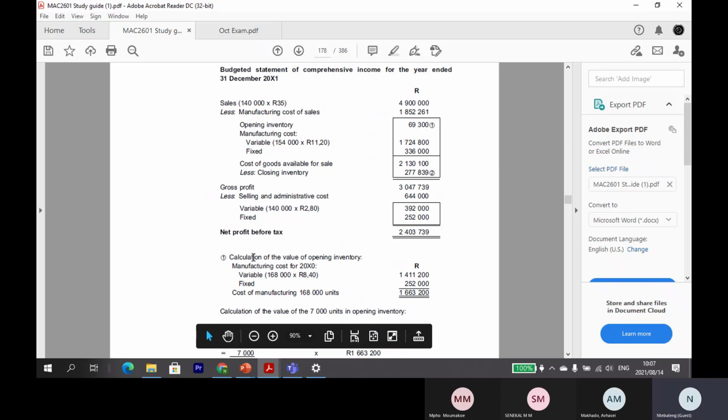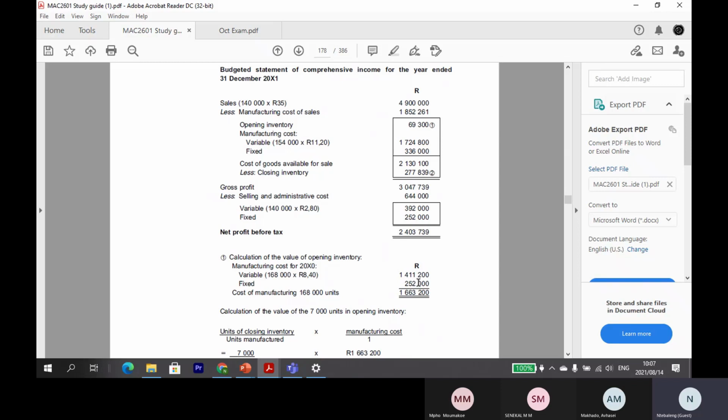But under the absorption costing method, you have to go and calculate what this opening inventory is. So to calculate it, we take the variable cost, that 8.40 Rand, and add it with the fixed cost. Because remember, for absorption, we are taking into account variable and fixed. That's why I'm saying that under direct costing, it was straightforward because it's only variable manufacturing.